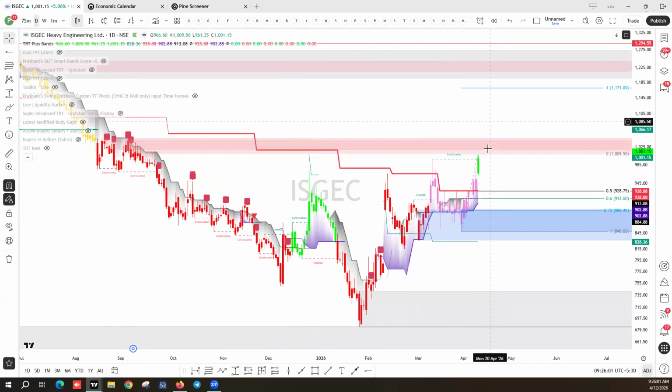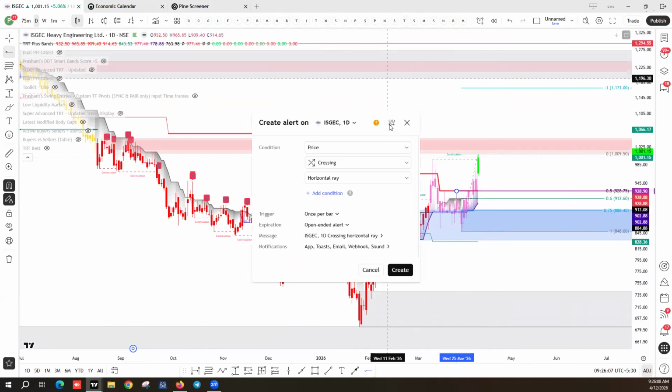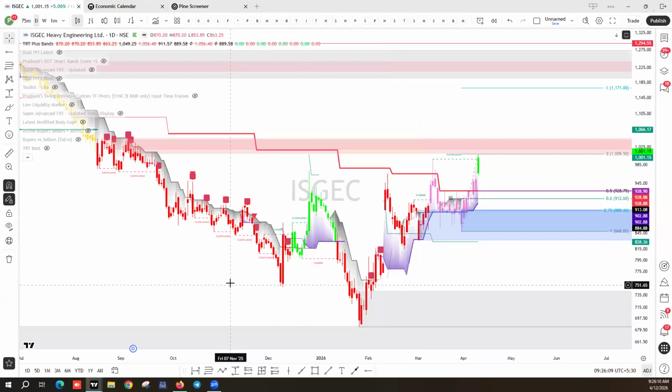So we have to shift the alert to a slightly higher location. I'll place the alert at 50%, because if it goes up and comes down, at that time 50% will be slightly deeper, 60%.